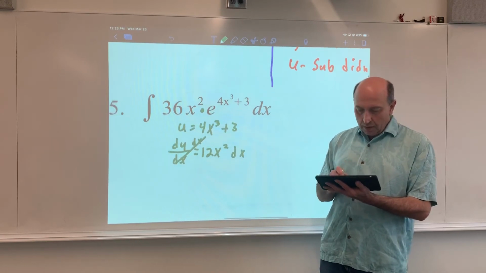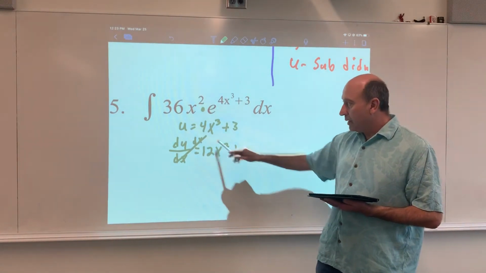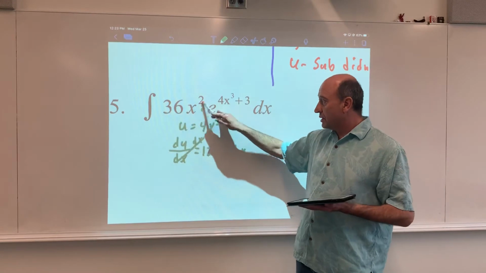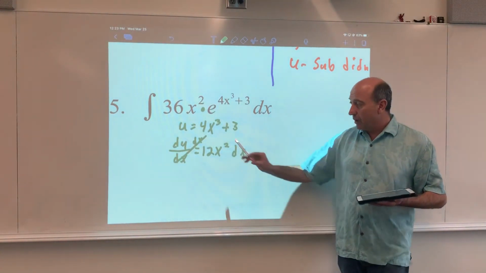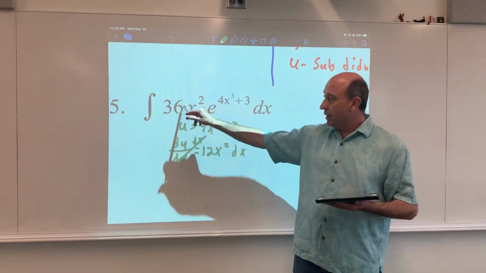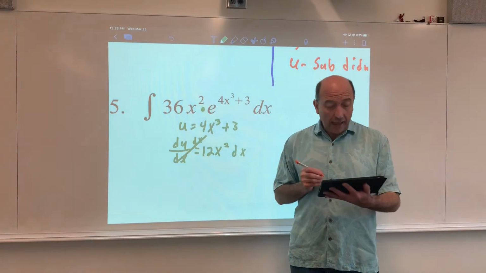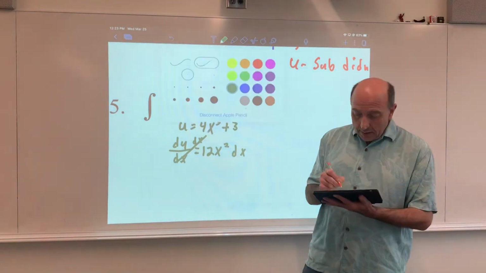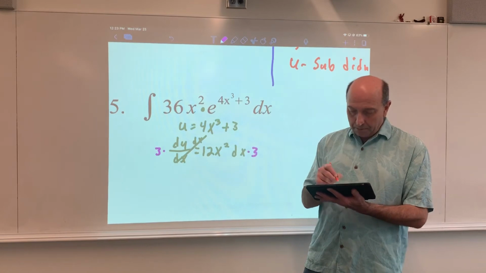So du is 12x squared dx. Now, 12x squared isn't what we were hoping for. It was 36x squared. So is this a minor or a major drawback? We need to change 12 into 36. X squared is correct. This is only a minor drawback. We need to multiply both sides by 3, and we'll have it.